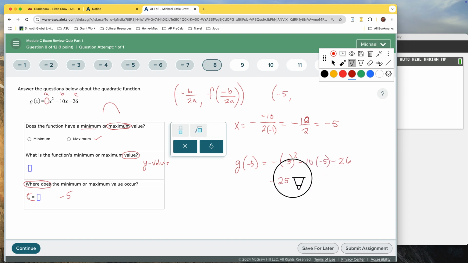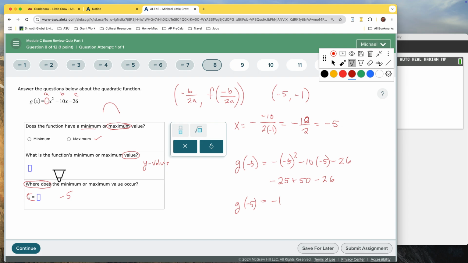Negative times a negative is positive 50 minus 26. So -25 and -26 give us a -51 plus 50. We're going to end up at -1. So the y value is -1.